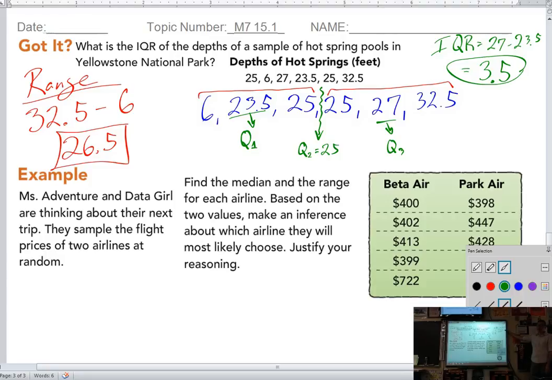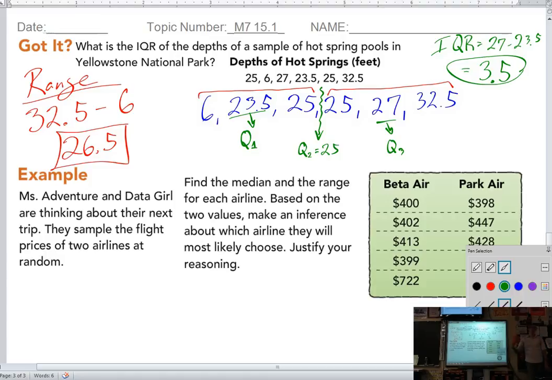Most of my hot springs have similar heights. There's a rare, really shallow one. This is what we would call an outlier. And there's a kind of rare, really deep one. But that's not super rare because it's got one close to it. But this 6 is really rare because it's so far away.